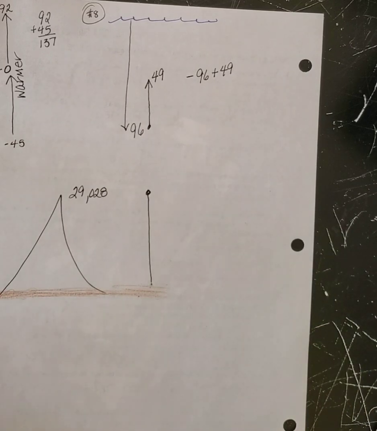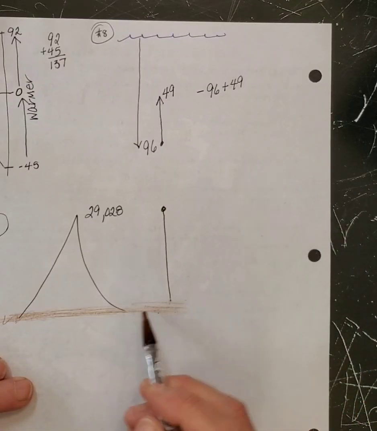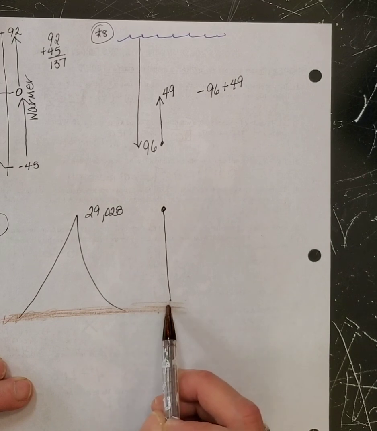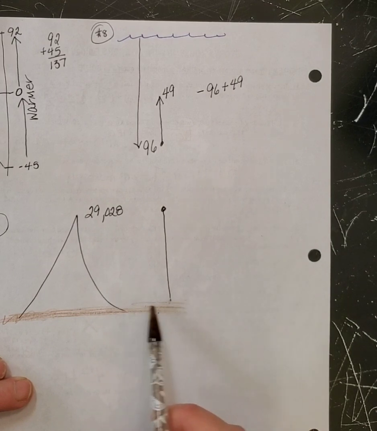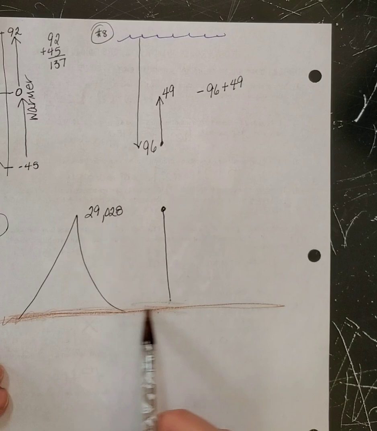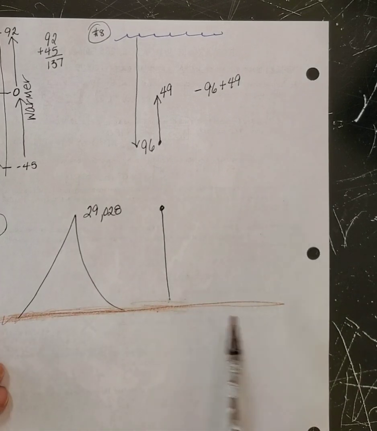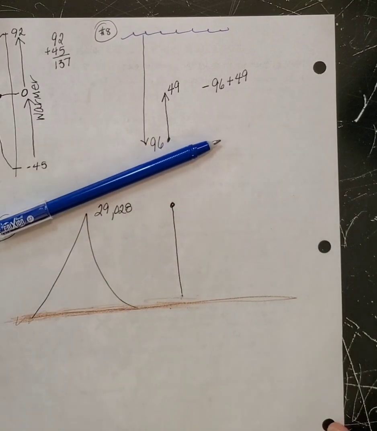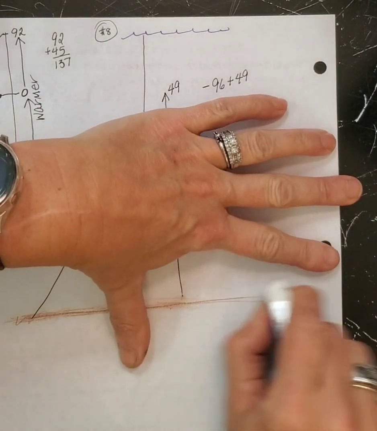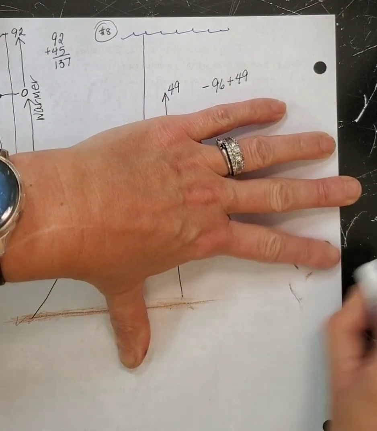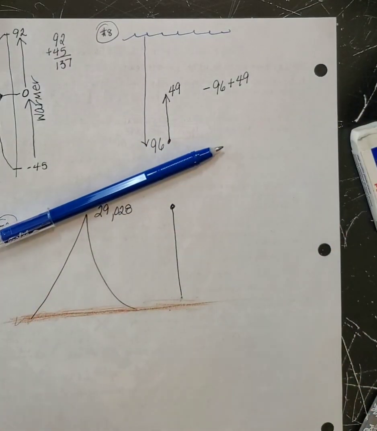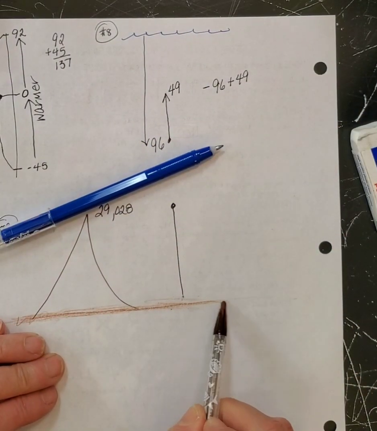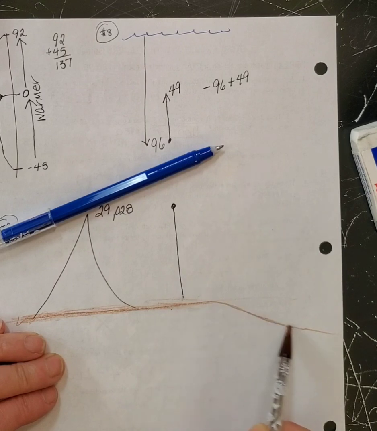And basically what happens is when something's below sea level, it means that there is a dip in the land. Just because something goes below sea level doesn't necessarily mean that it is underwater.